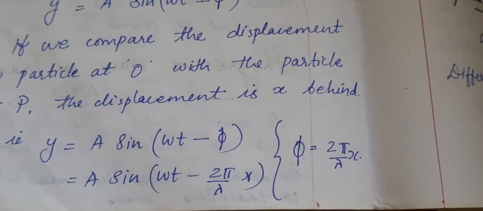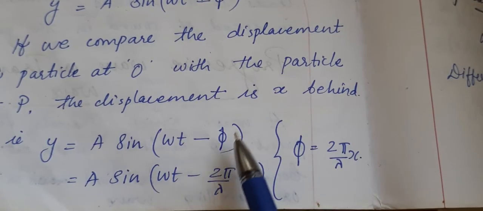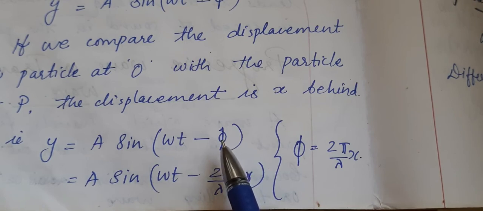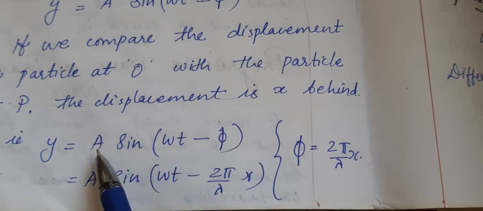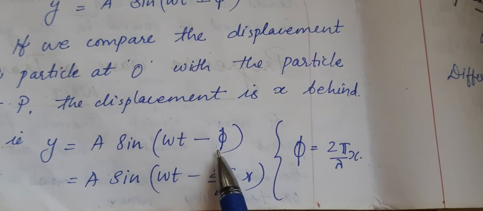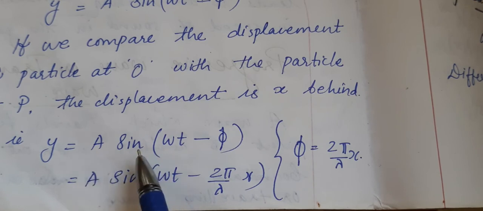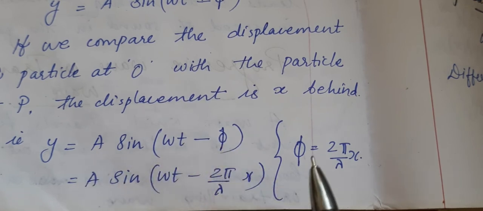So in this special case, as the displacement of the particle at O is behind that of the particle at P, we can write y is equal to a sine omega t minus phi.